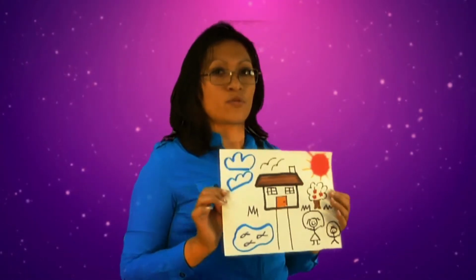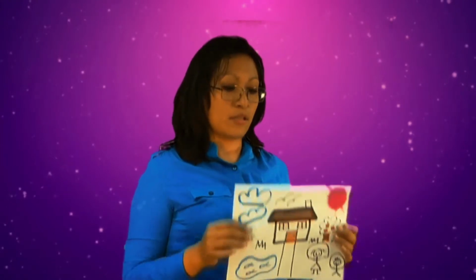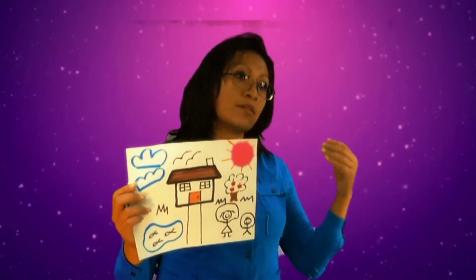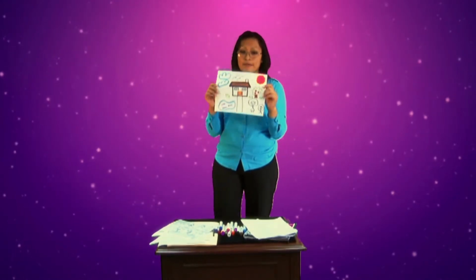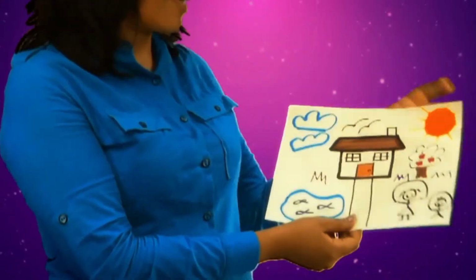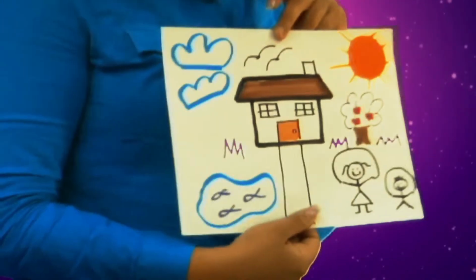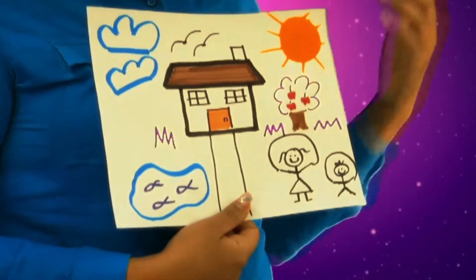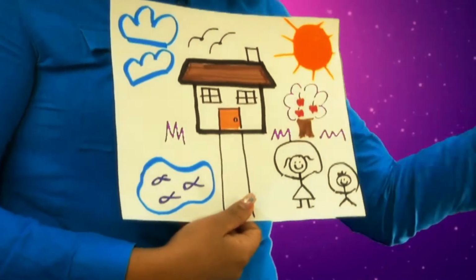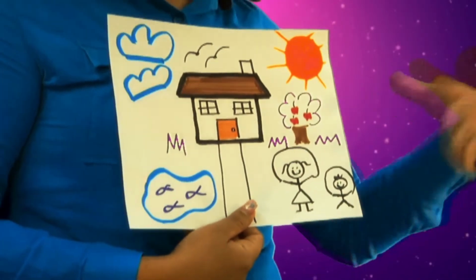Or you can have students work with partners, student A and student B. Now, student A will dictate the drawing, and student B will draw the picture, okay? In this case, this is with colors, so student A could dictate, for example, there is a house in the middle of the piece of paper, and student B will be drawing the house in the middle of the piece of paper.